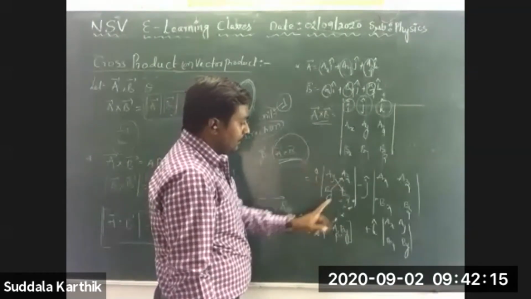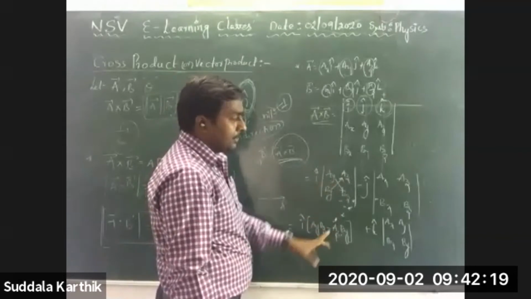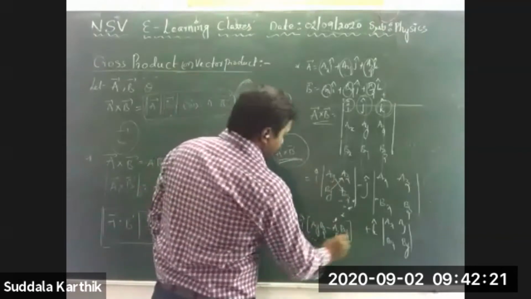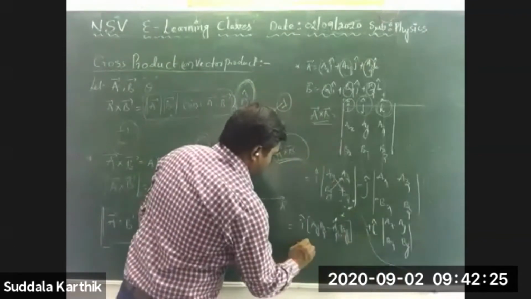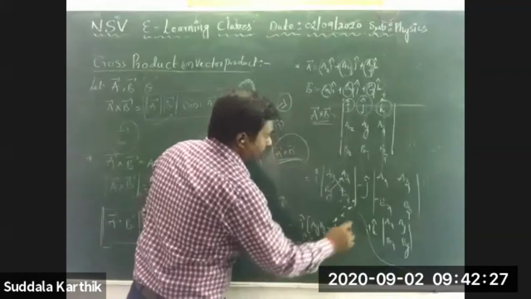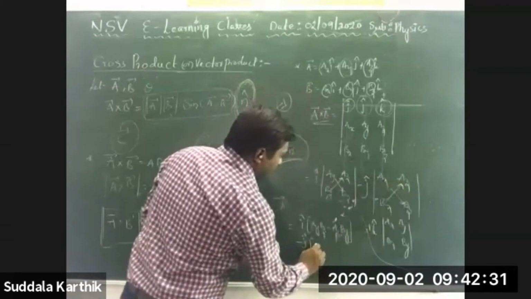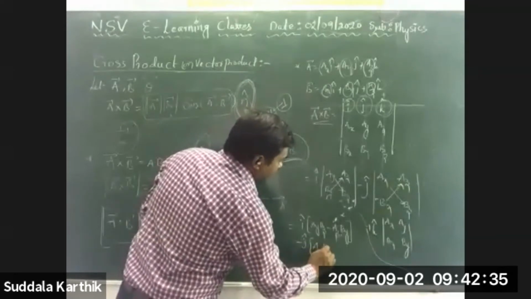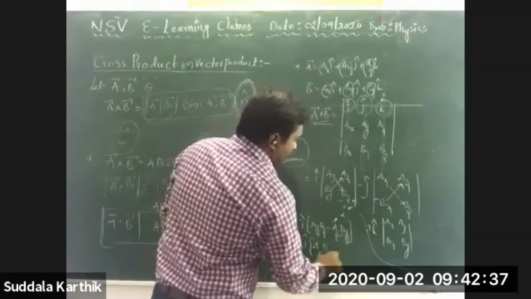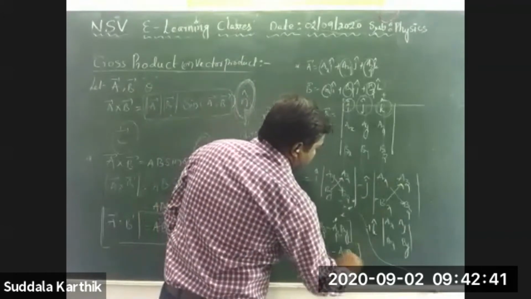Multiplication of these two, one term. Multiplication of these two, another term. In between those two, you have to put minus. Minus J cap, AX BZ minus AZ BX, Nana.